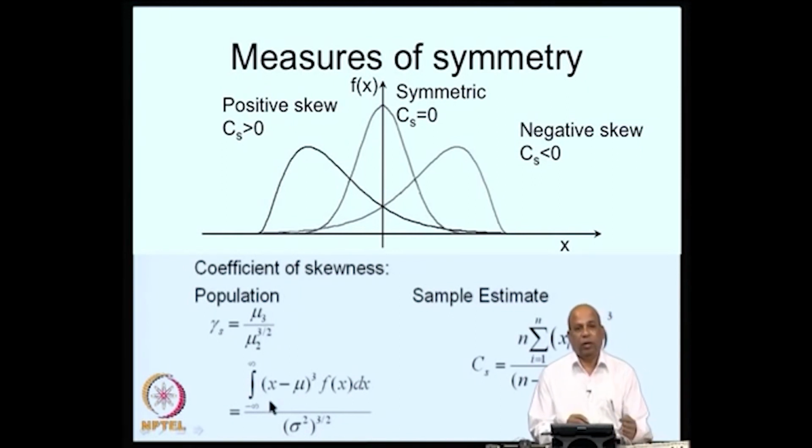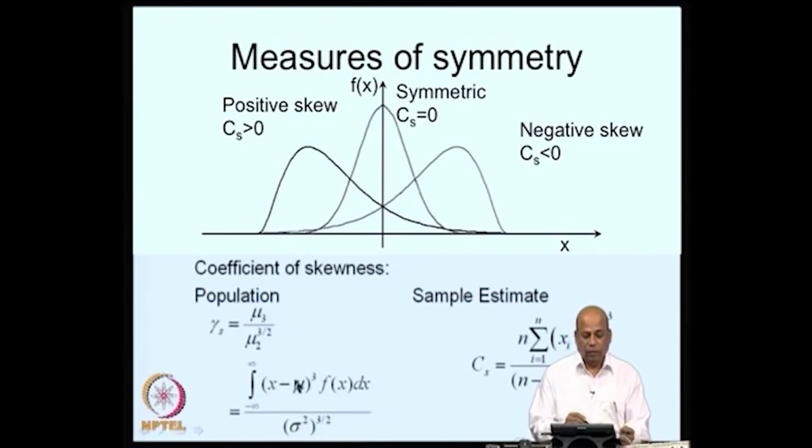So, this is written as mu 3, x minus mu to the power 3 f of x dx. Recall that mu n is x minus mu to the power n f of x dx. Therefore, this term here indicates the third moment divided by mu 2 to the power 3 by 2, which means sigma to the power 3.